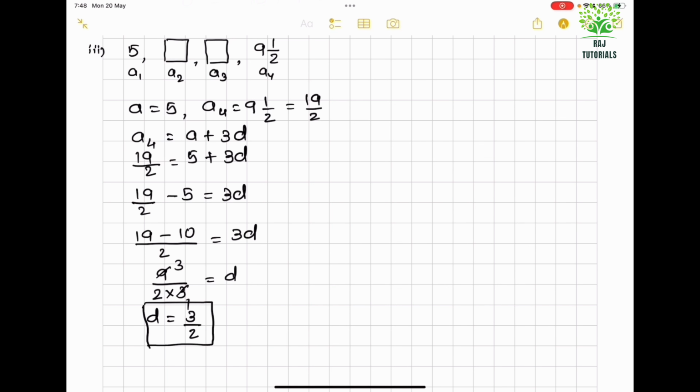Now I got d, I know a, so I can find a_2. a_2 will be equal to a plus d. So 5 plus 3 by 2, so 10 plus 3 by 2, 13 by 2.